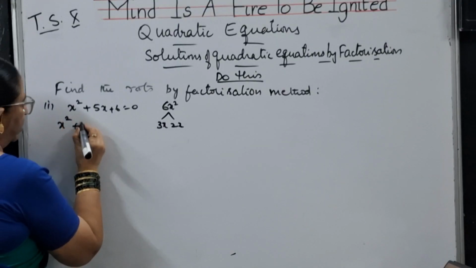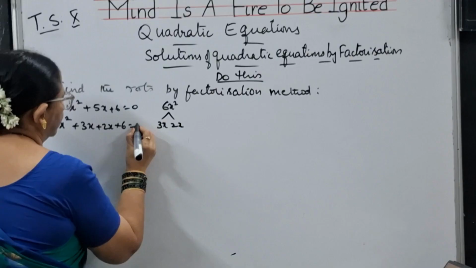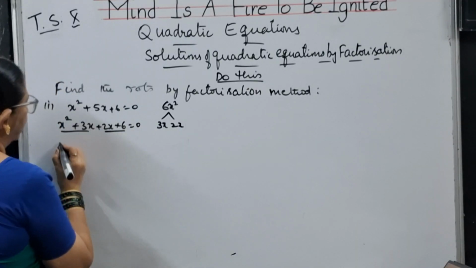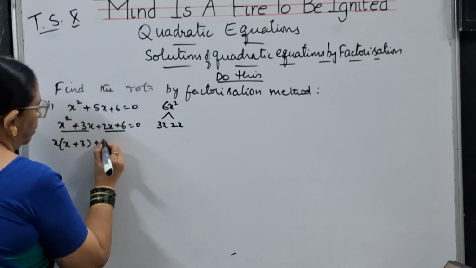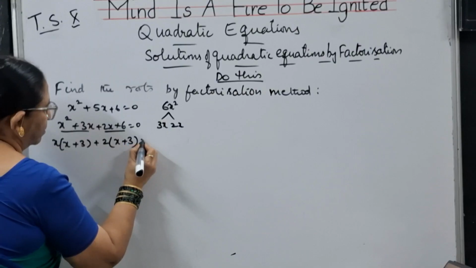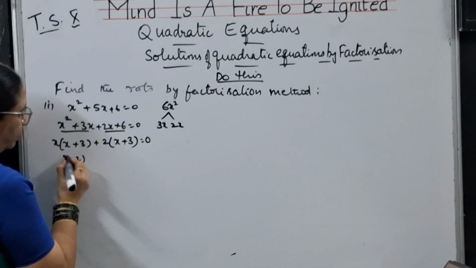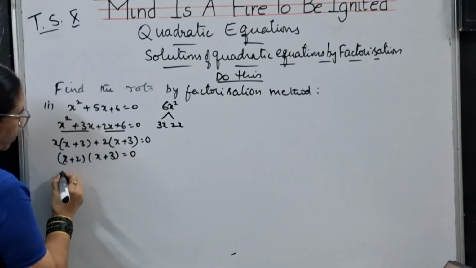So x² + 3x + 2x + 6 = 0. That means these two as one group, this is one group. x is common, x(x + 3) + 2(x + 3), 2 3s are 6, = 0. So (x + 2)(x + 3) = 0.